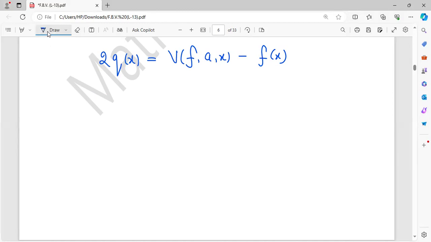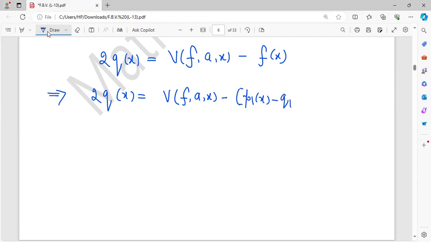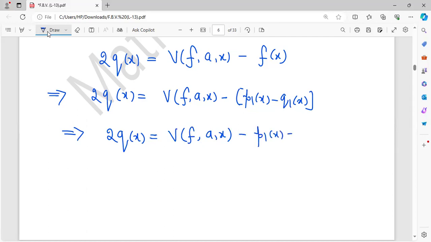So this implies 2Q(x) is equal to Vf(a,x) minus (P1(x) minus Q1(x)), which is Vf(a,x) minus P1(x) plus Q1(x).